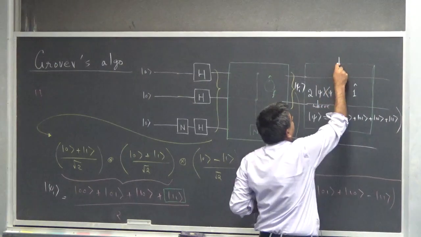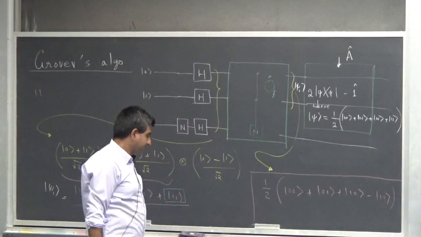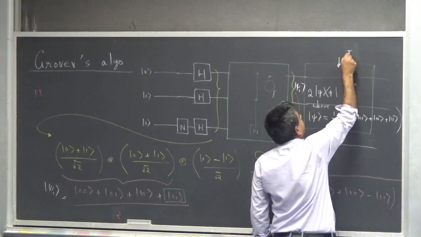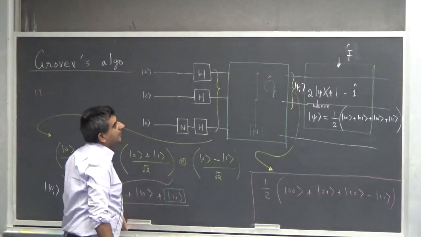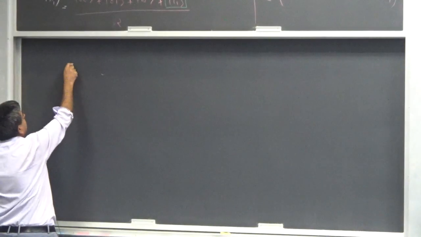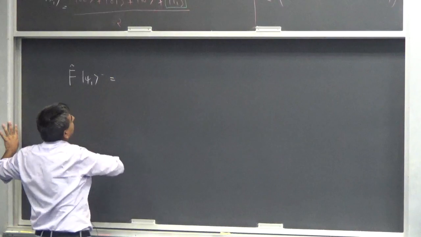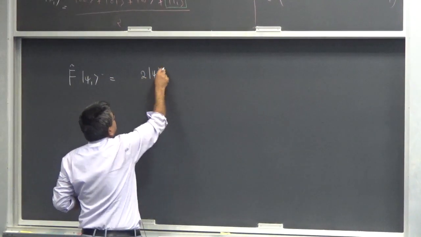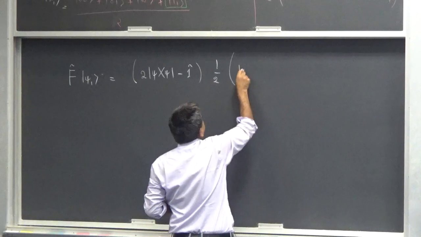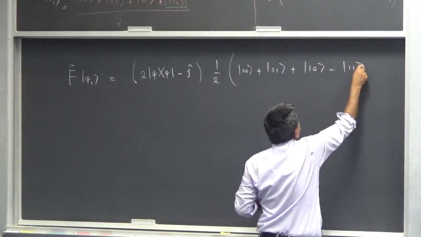For the time being, let's call this operator A for amplification, or a better symbol would be, say, F. So if F acts on psi 1, which means that 2 times ket psi bra psi minus identity acts on psi 1, which is 1 half (0 0 plus 0 1 plus 1 0 minus 1 1).